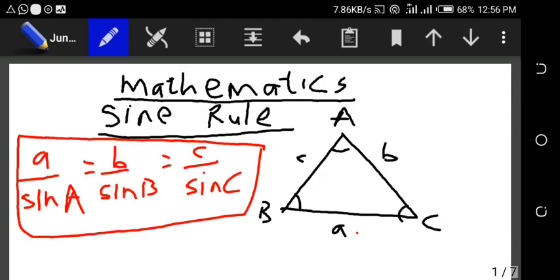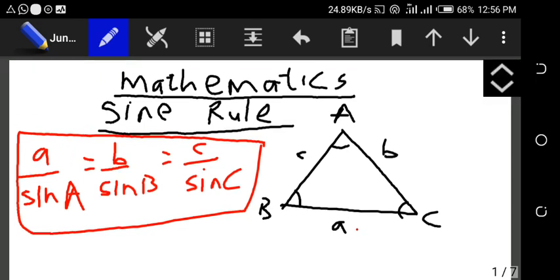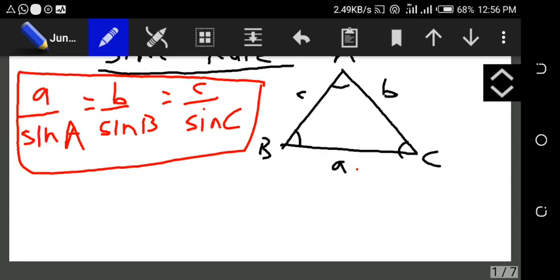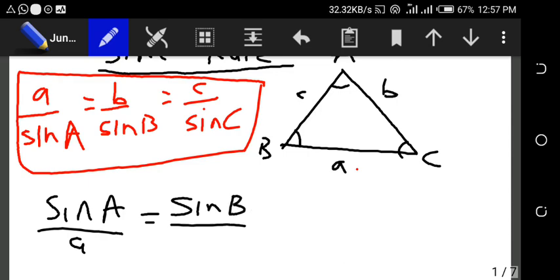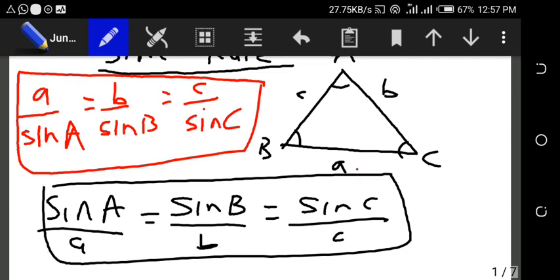Don't forget that this here is the formula, and sometimes in some textbooks you see it written in this manner, upside down. Sine A over A is equal to sine B over B is equal to sine C over C. Whether like this or this one here, it is still the same thing, whichever way you use it.